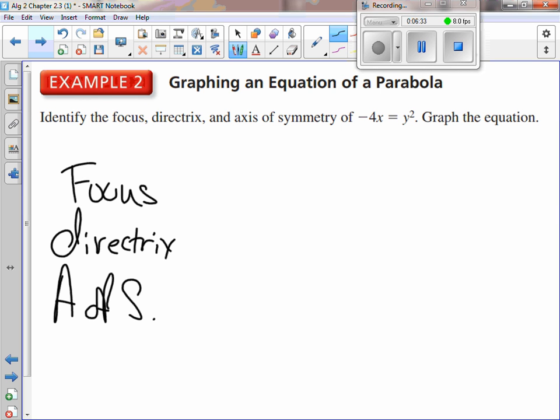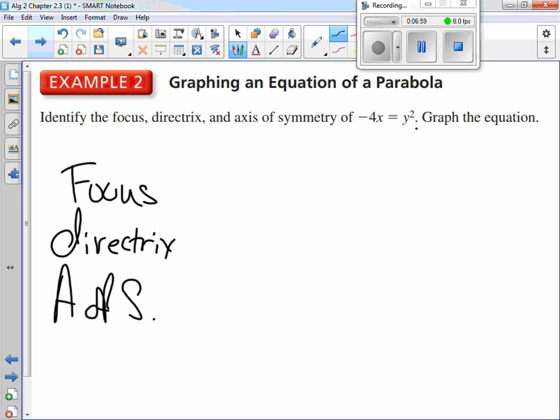When I look at this equation, my first thing, especially for 2.3, all we're going to cover the rest of this week, is: what variable is squared? What variable is to the second power? Y is to the second power. So as soon as I see that y is to the second power, I go back to my equations and see which one has the second power.